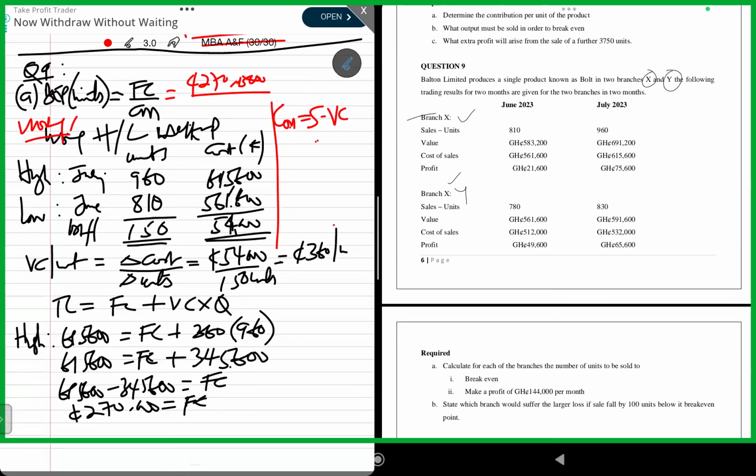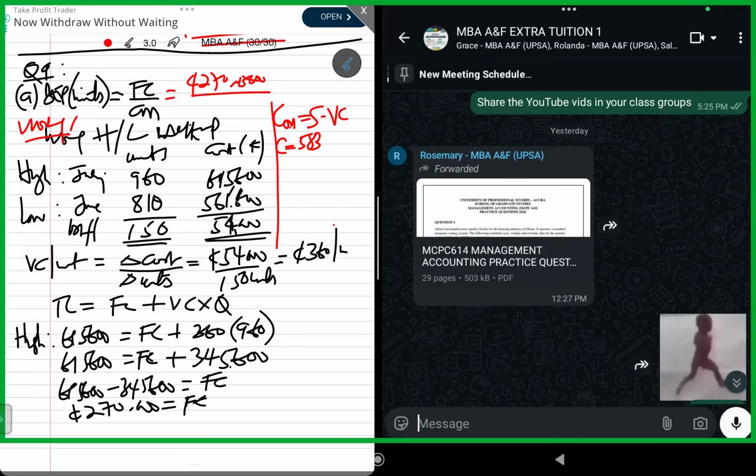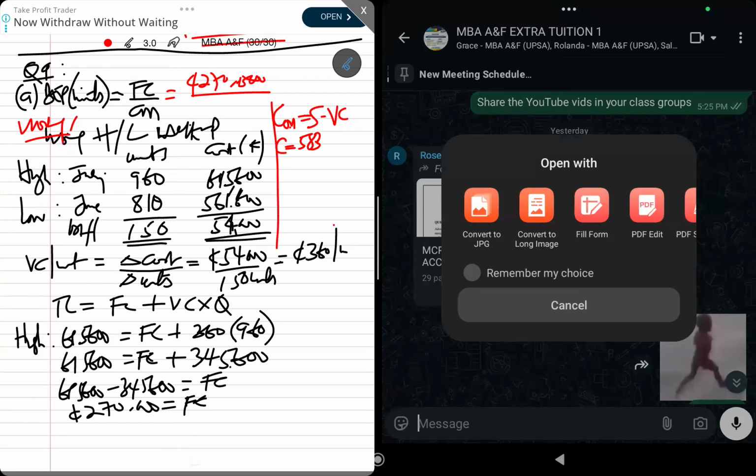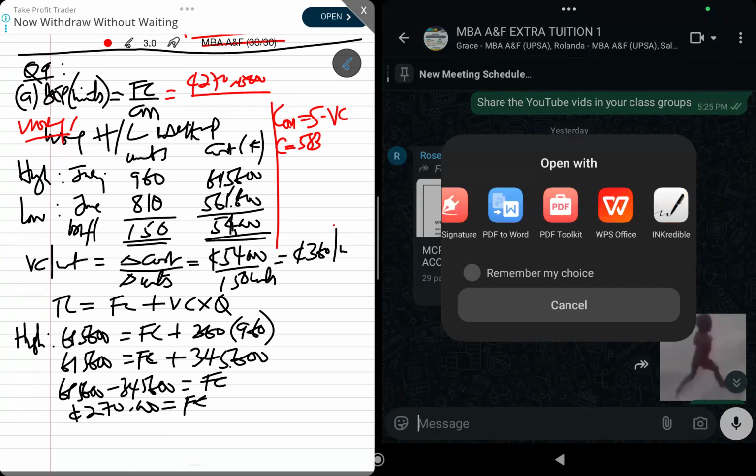All right. So what is the sales figure? So sales value is what? 583,000, right? So C equals 583,000. We can solve it on the next page.